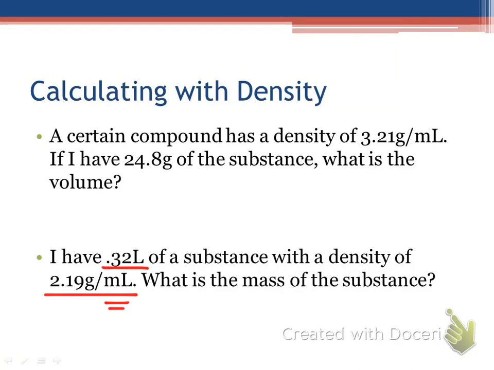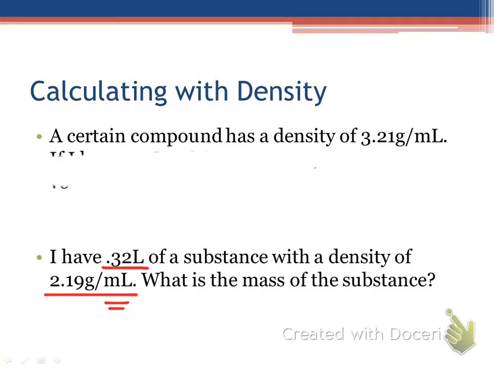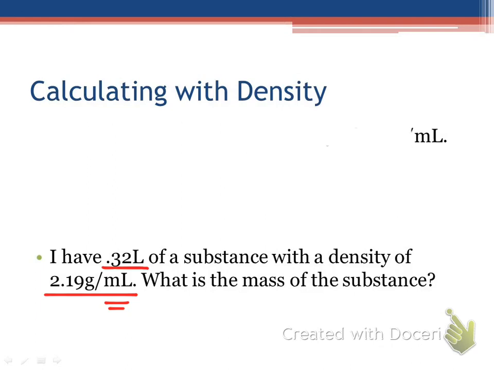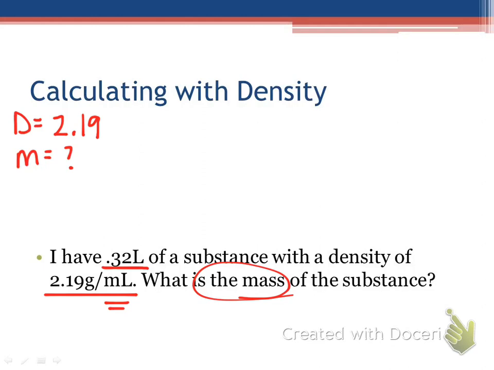All right, I have 0.32 liters of a substance with a density of 2.19 grams per milliliter. So I know my density equals 2.19. I know I'm solving for mass, so that has to be my question mark. That means the other thing left over is volume.